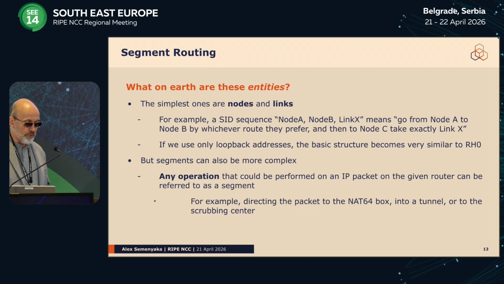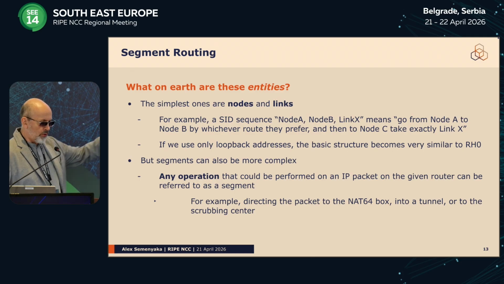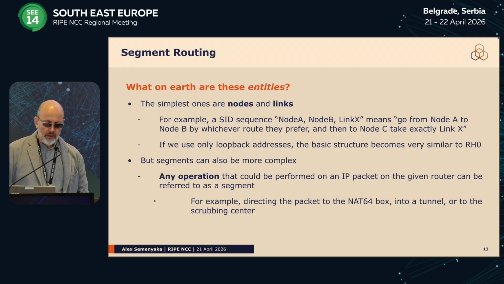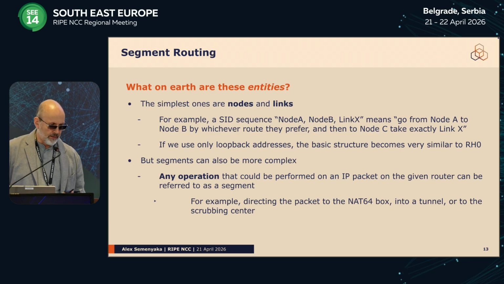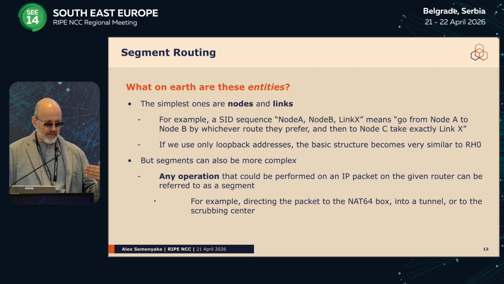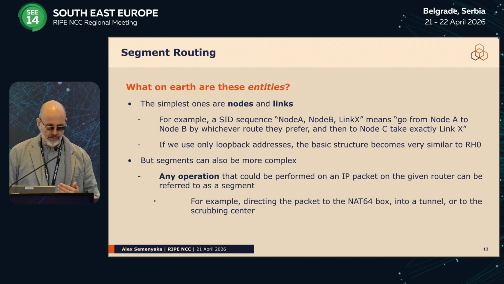So any operation we can perform with our IP packet can be a segment. You should go to the tunnel, or welcome to the scrubbing center because we are under the DDoS attack. Anything can be described and coded as a segment.